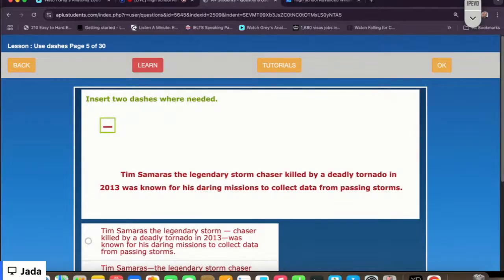Okay. So Tim Samaras, the legendary storm chaser killed by a deadly tornado in 2013, was known for his daring mission to collect data from passing storms, first or second.